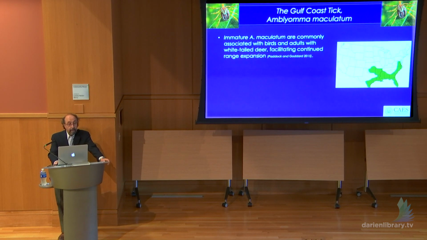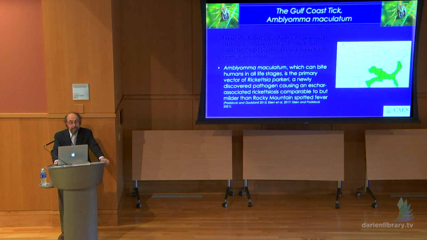So the juvenile or immature stages of Gulf Coast tick are associated with birds, and adults are associated with white-tailed deer. This substantially facilitates the movement or migration of this tick species.